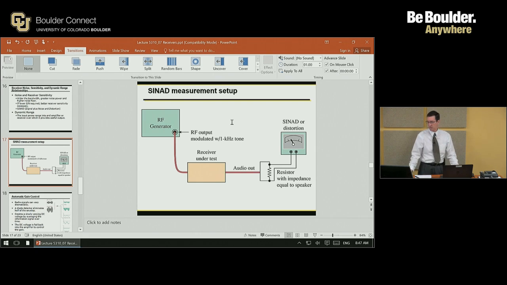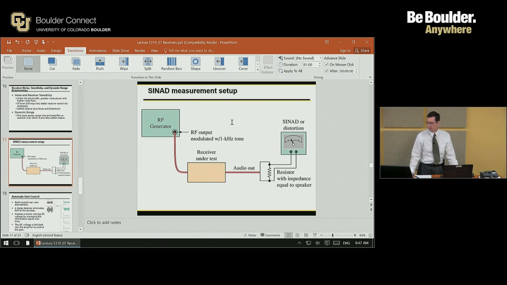So if I want a SINAD of, say, 12 dB, what that means is that I found the voltage level of this RF generator at which that voltage causes a 12 dB increase in the power read by the meter.